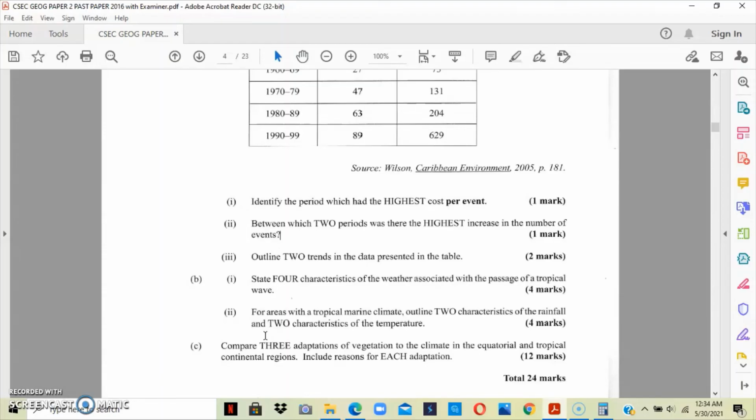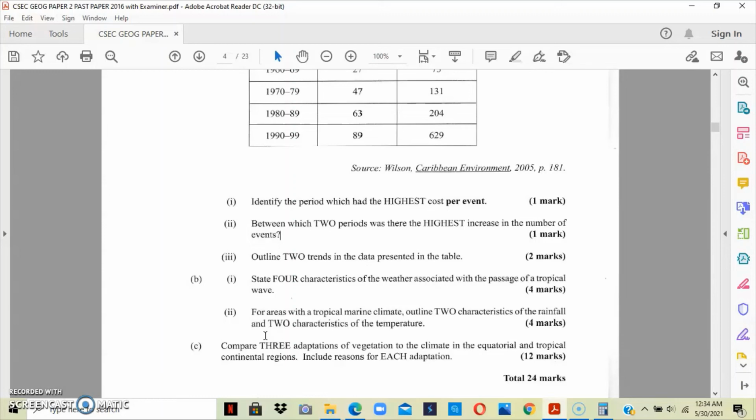So some of the adaptations of the vegetation is that there is a dense layer of tall trees that form a canopy over the top with less dense layers of trees below, right? Now, the rainforest has an evergreen appearance.